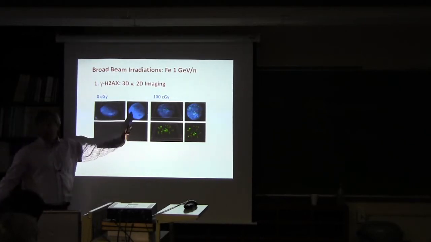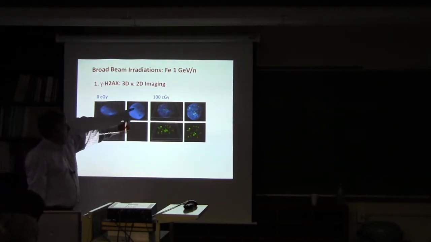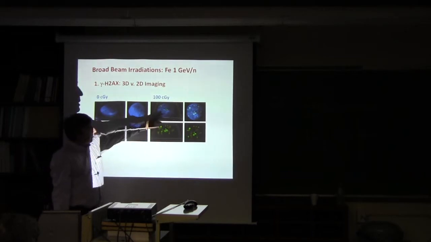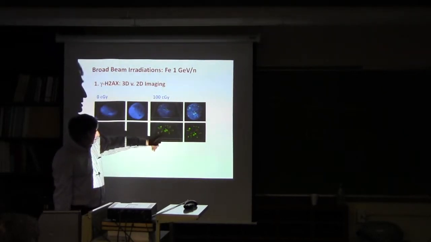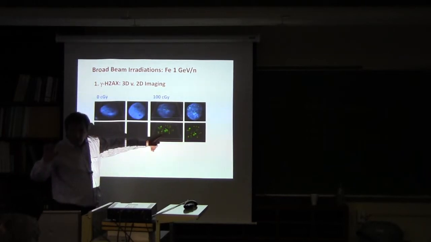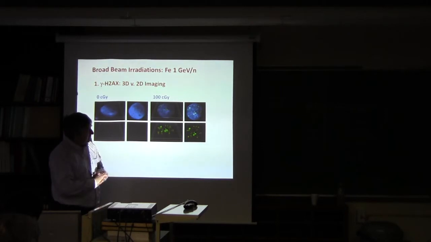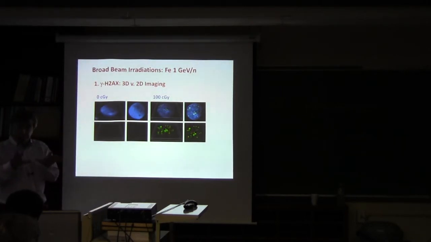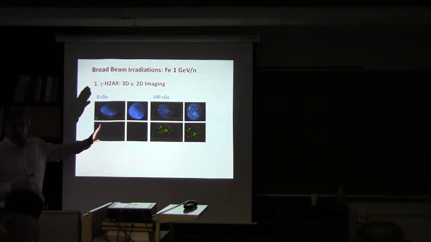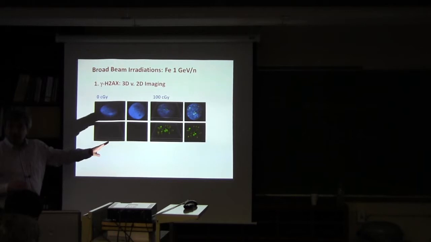This is beautiful, no tracks, very happy. At 100 centigray, you get the tracks of foci, and if you reconstruct, you can see the density of the events. You can make a lot of measurements, and Guy can tell you a lot about this. If you have your parameters set, your baseline and your background, you can do a lot of quantitative analysis, and this is the beauty of it.